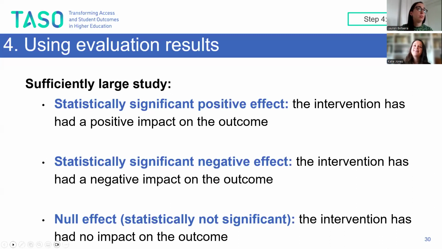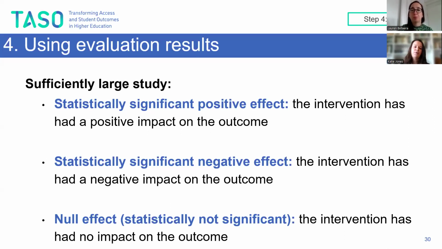On top of statistical significance, you also want to consider what we call effect size, and that is essentially the size of the change that the intervention is having. So, for example, if you're running a tutoring program, you would want to be able to say something around whether it's having a small, a medium, or a large effect on attainment scores.